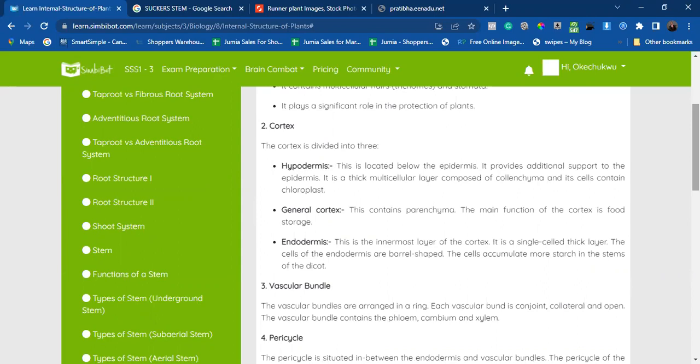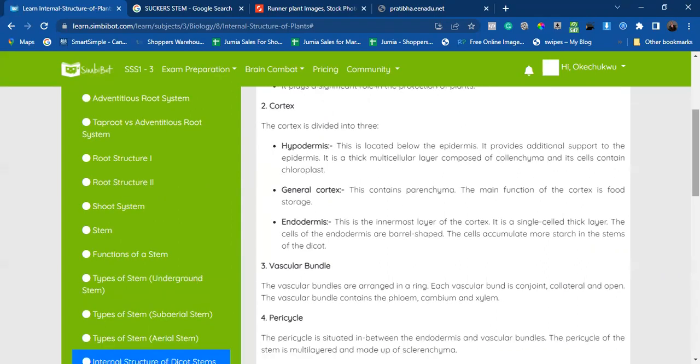The general cortex contains the parenchyma, and it is for food storage. Just note these things: general cortex for food storage. Hypodermis is located below the epidermis, and it provides additional support. It contains chloroplast and it is multicellular.